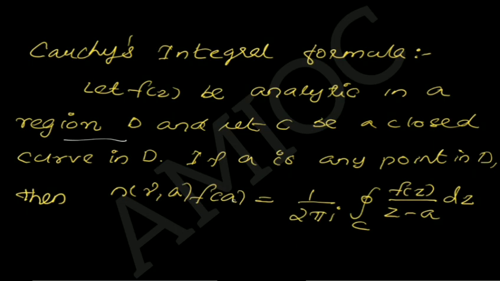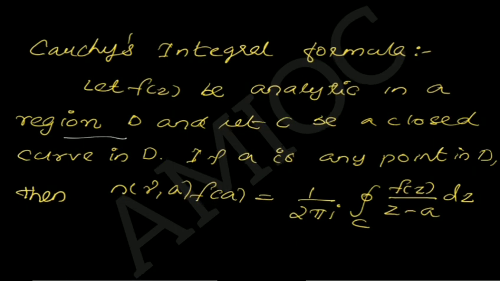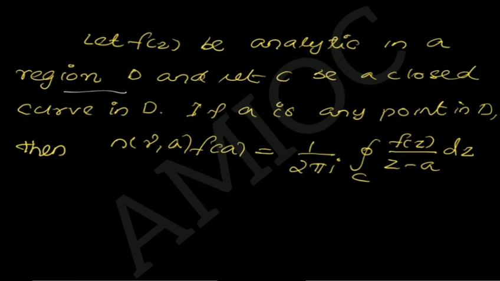Here we have to evaluate the integral over modulus of 1 minus z is equal to 1 of e raised to z divided by z square minus 1 dz.